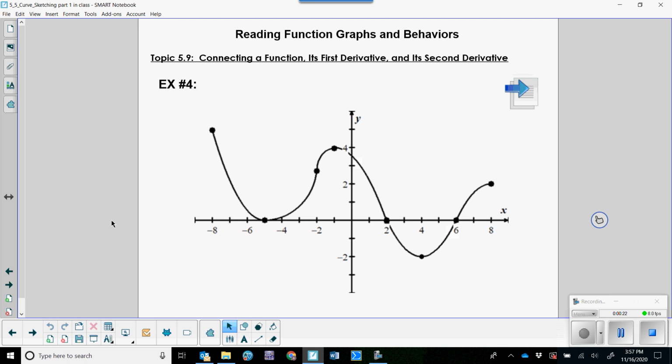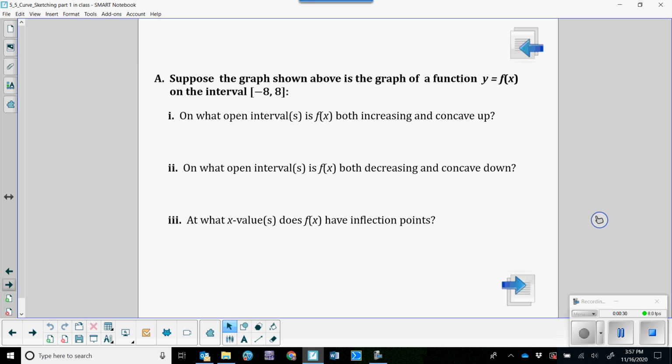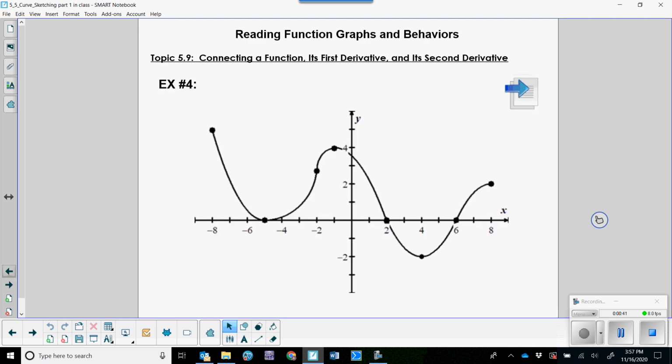The first thing we're going to do is suppose that this graph is y equals f of x. So this is the f of x function. On what open intervals is f of x both increasing and concave up?